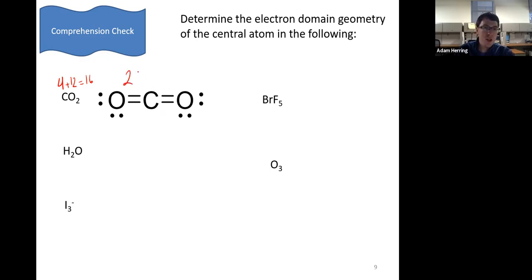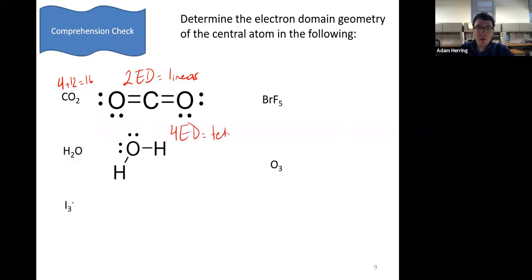This then has 2 electron domains, and so that's going to be linear. For water, when you drew out the water, you should have gotten something like what's here on the screen: oxygen with single bonds to 2 different hydrogens and 2 sets of lone pair electrons. This has a total of 4 electron domains. Something with 4 domains is tetrahedral.